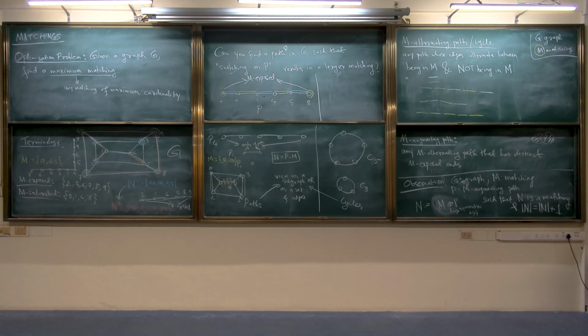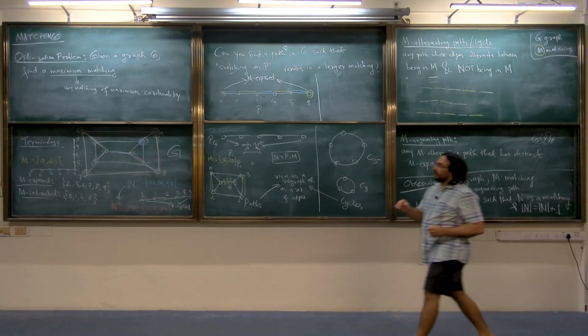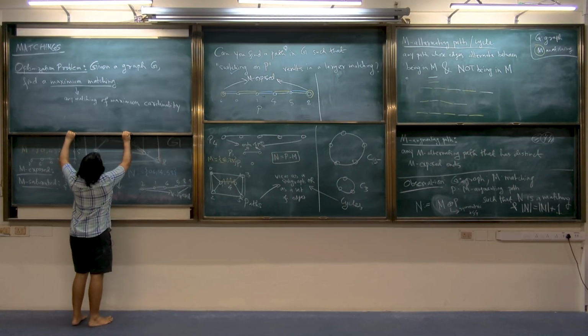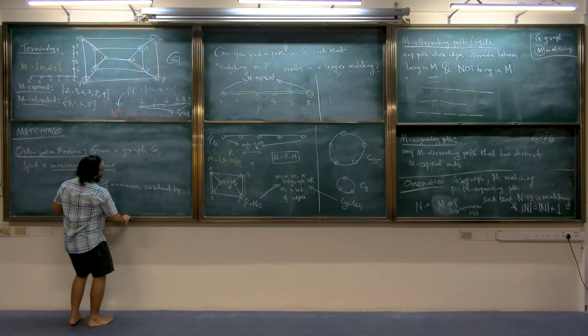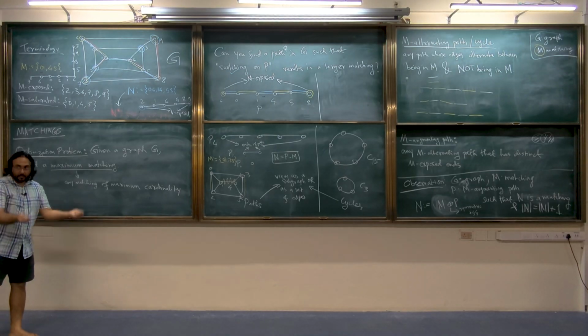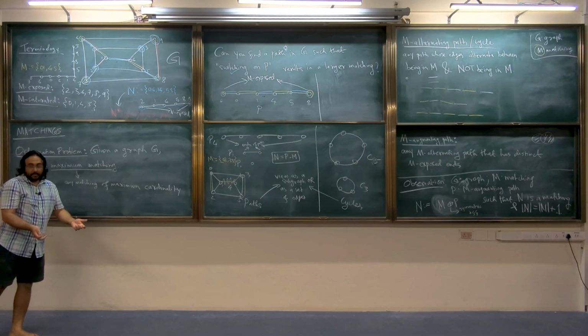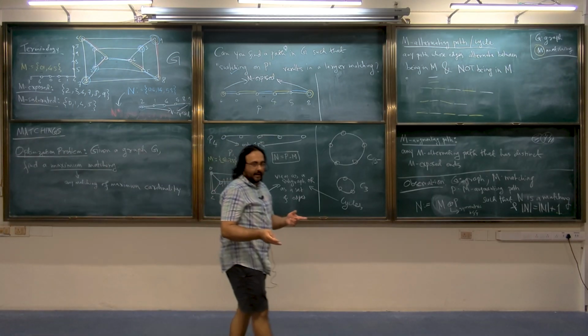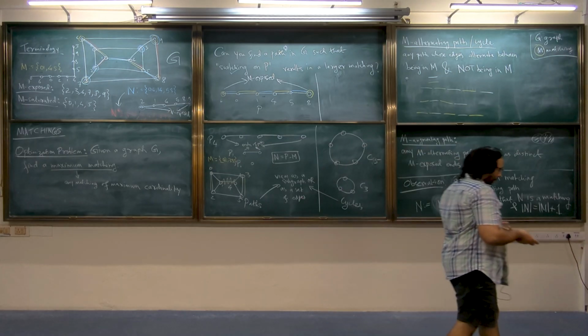Good. So now let's go back to our original optimization problem. We want to find the maximum matching. So if you have a matching M, and you are able to find an augmenting path, then you would simply augment or switch on that path and get a bigger matching.